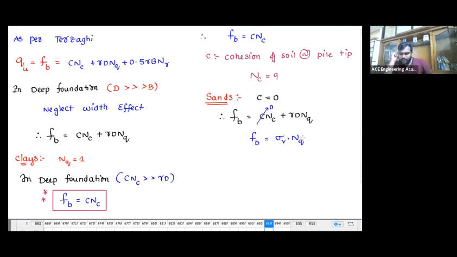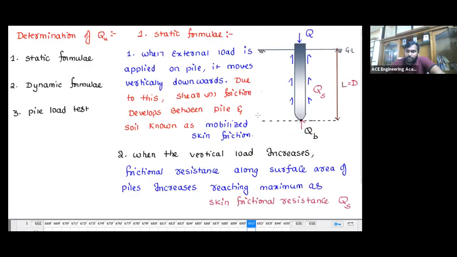What is this? The gamma D I can take as sigma v. So what is meant by sigma v? It is the vertical stress at the pile tip.